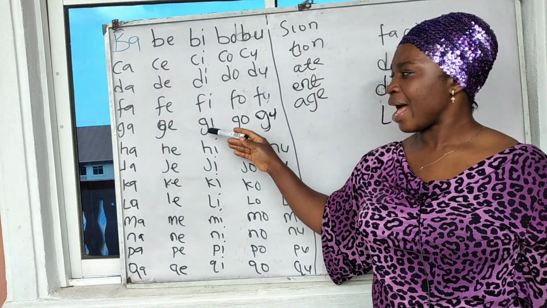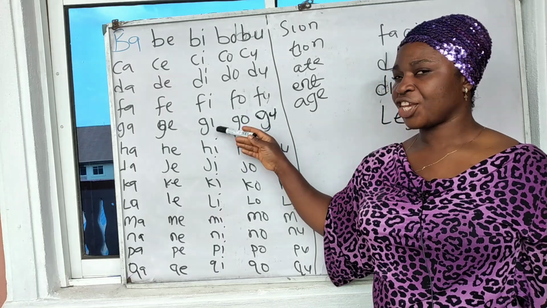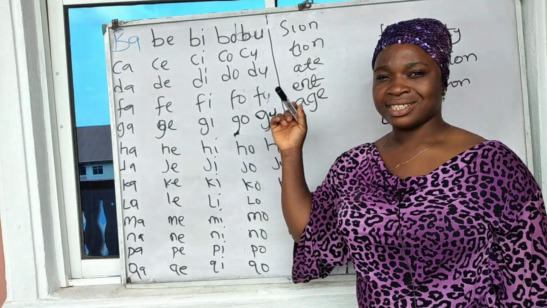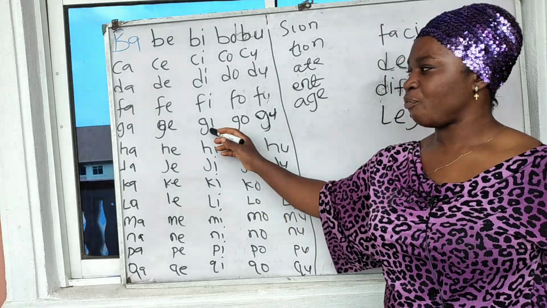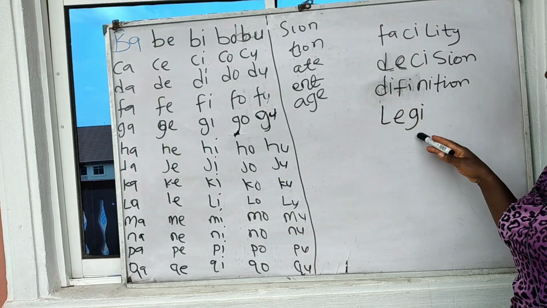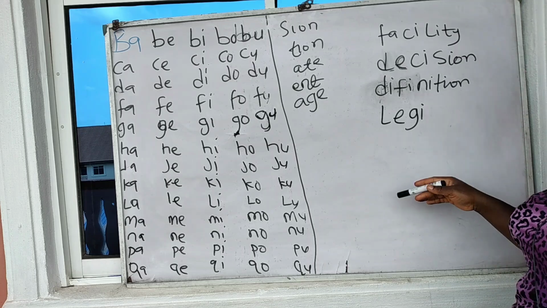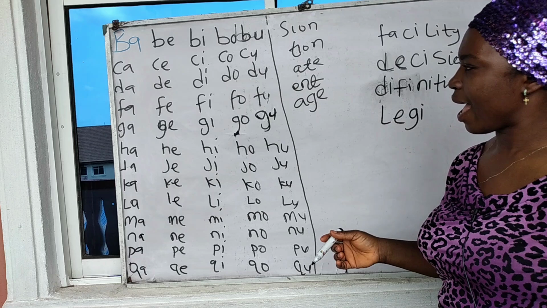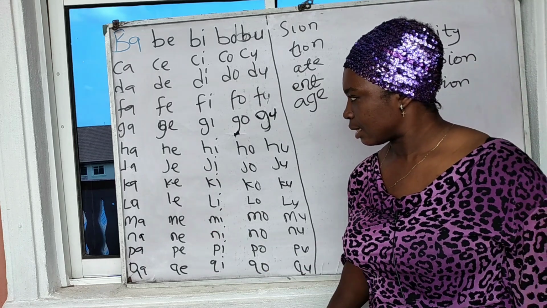So right here we have this to be gi. And if we choose this to be G and I, it's going to be what? Instead of being the hard G, we pronounce it as the soft G. So right here, I'm going to pronounce it in this word as the soft G. So I have le, G. I'm going to go ahead and pick T.